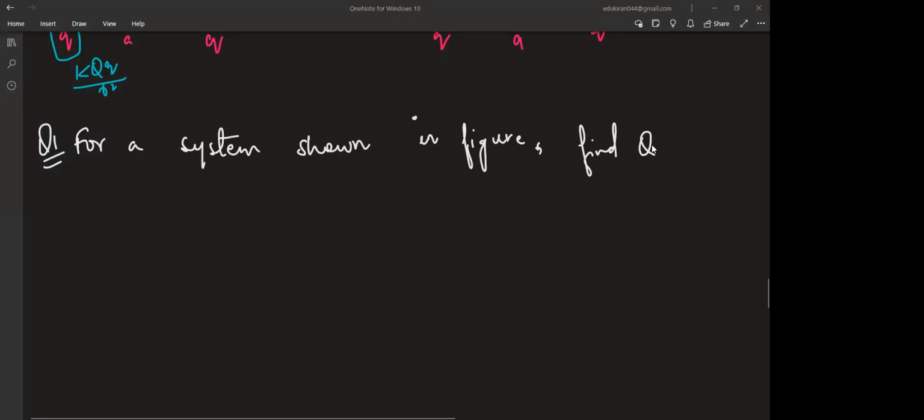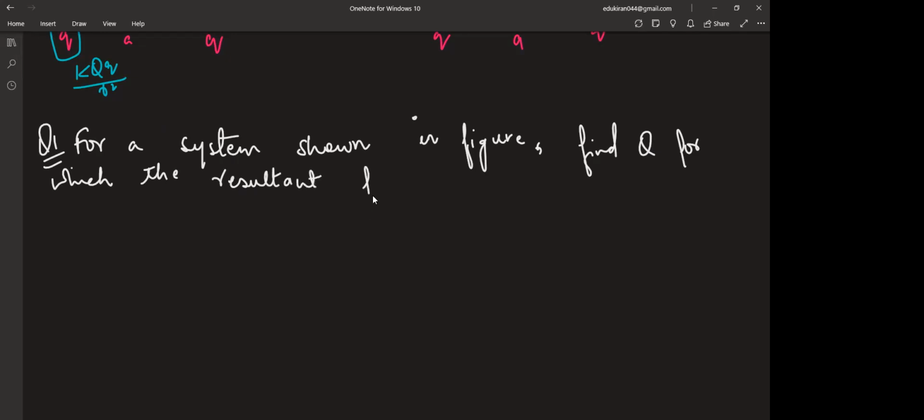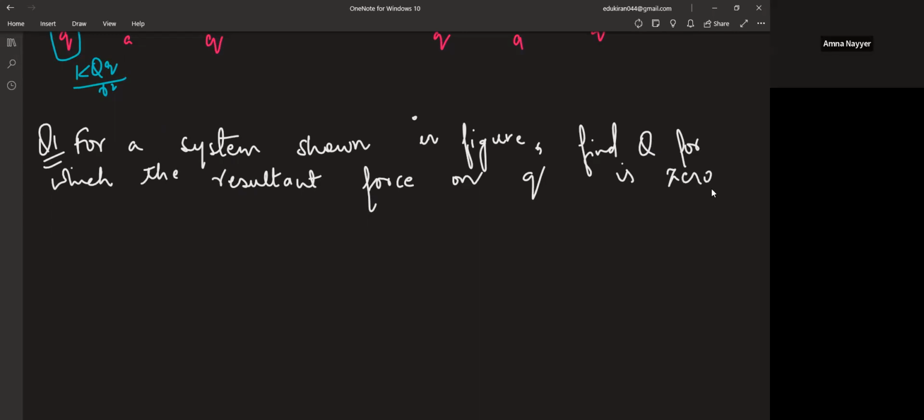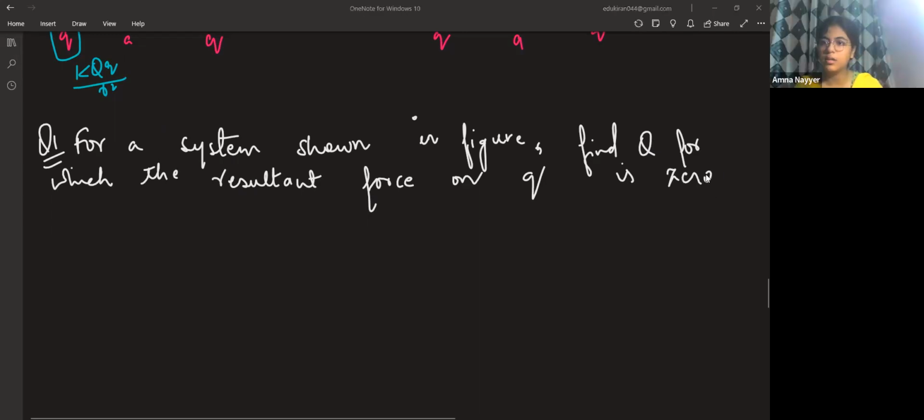Find capital Q for which the resultant force on small q is 0.